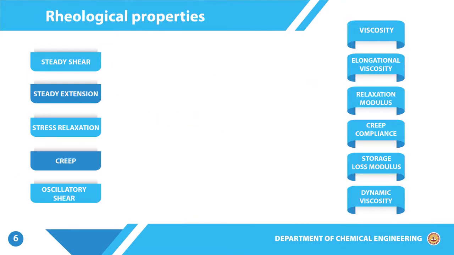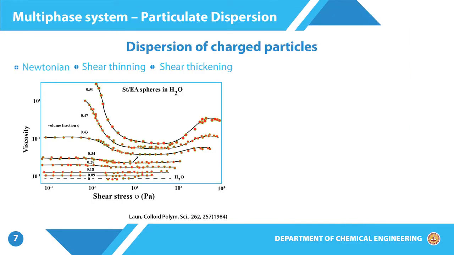And so, these are the rheological properties that we have been looking at in terms of steady shear, the steady extension, relaxation, creep and oscillatory shear. And then what we will also do now is to look at stress growth and normal stress differences, which are also the material functions that we have seen so far.